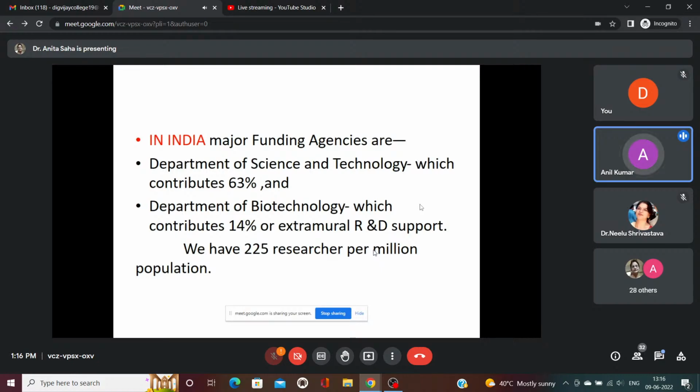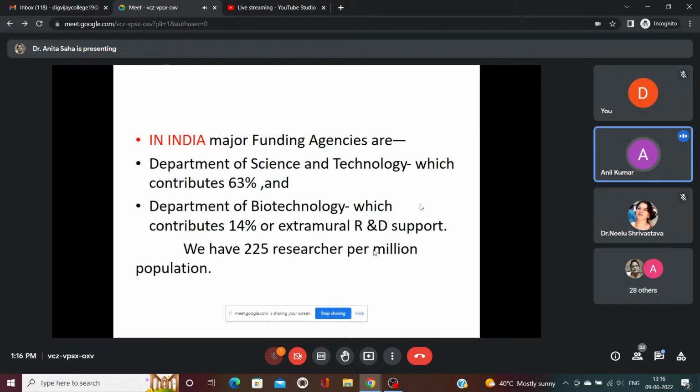In India, there are so many funding agencies providing research funds and research support in different sections of science, arts, commerce, and literature. In today's scenario, there are two major funding agencies. One is the Department of Science and Technology, another is the Department of Biotechnology.